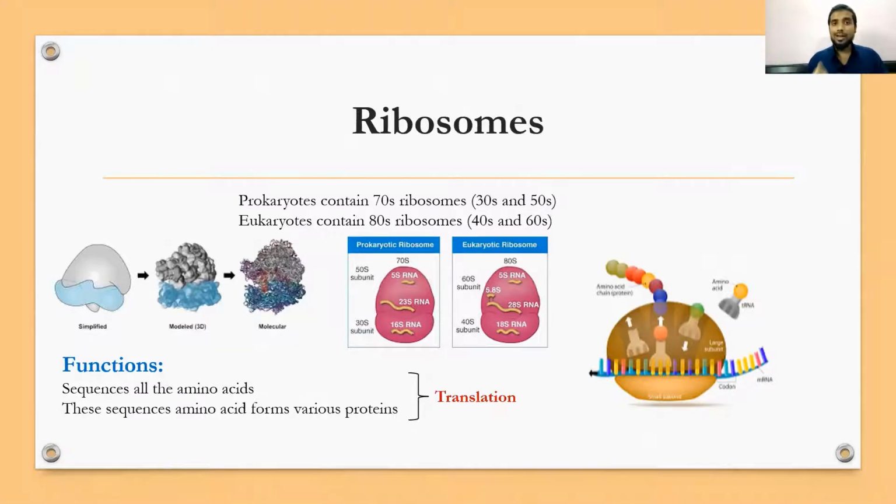That is called the translation process, in which proteins are formed such that they form a complex structure, called post translation changes. And this is translation: the synthesis of proteins from the sequence of amino acids, or you can say the production of proteins from the genetic material, or from RNA.